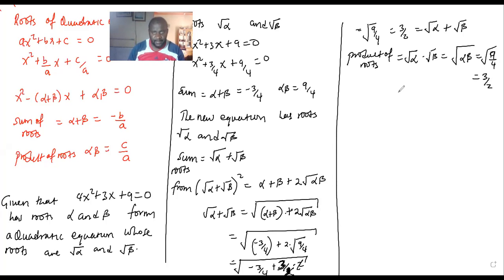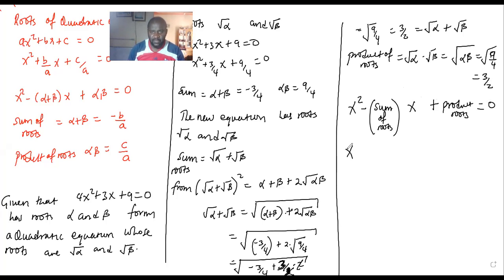So with this, the general definition, if you want to derive the equation, is x squared minus the sum of the roots times x plus the product of the roots is equal to 0.